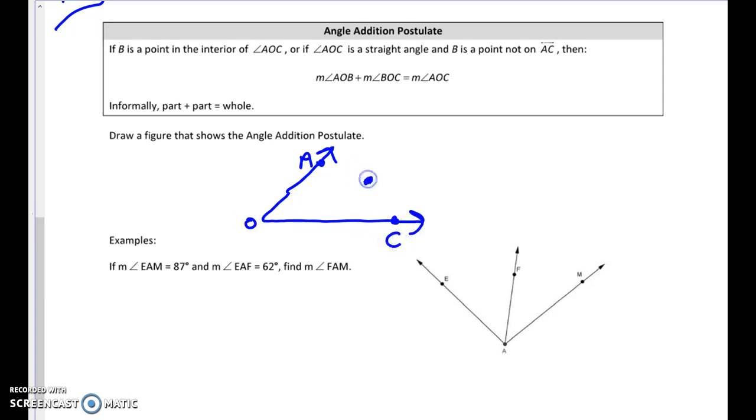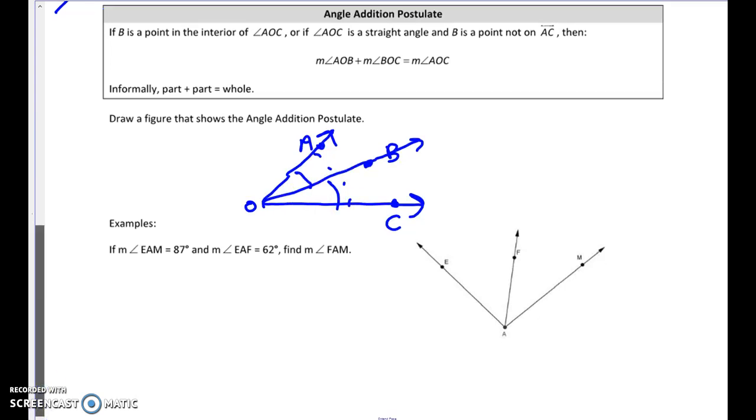B is in the interior, B, boom. And they tell me that the measure of AOB, that's this angle, plus the measure of BOC, that's this angle, all add up to the measure of AOC. That's my giant angle. That makes sense. Part plus part equals whole.